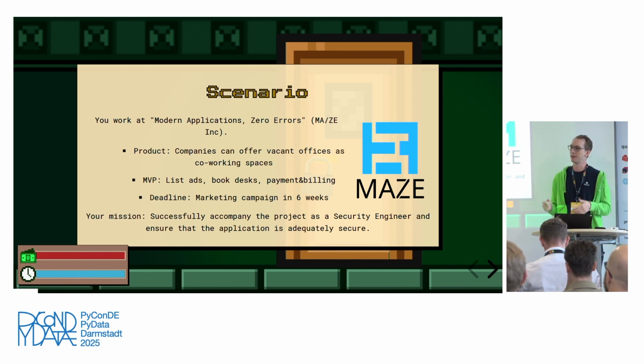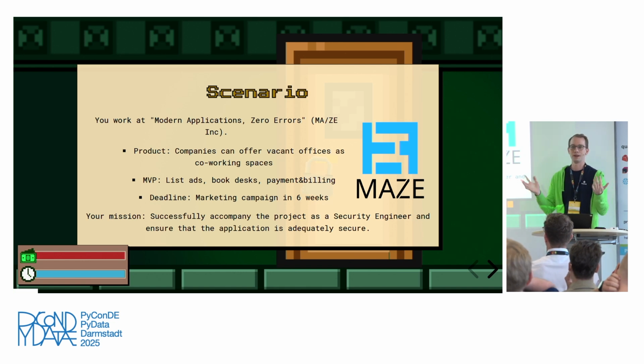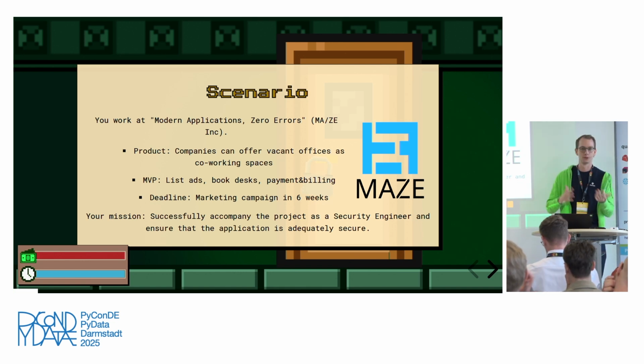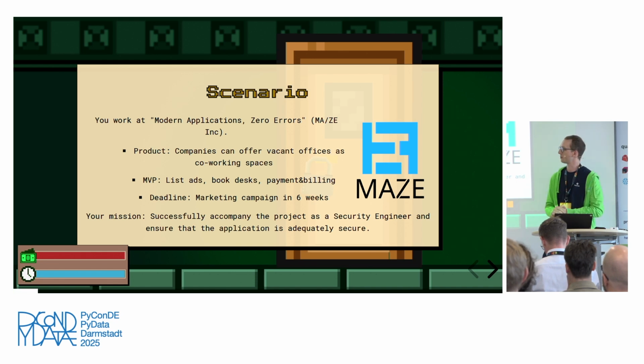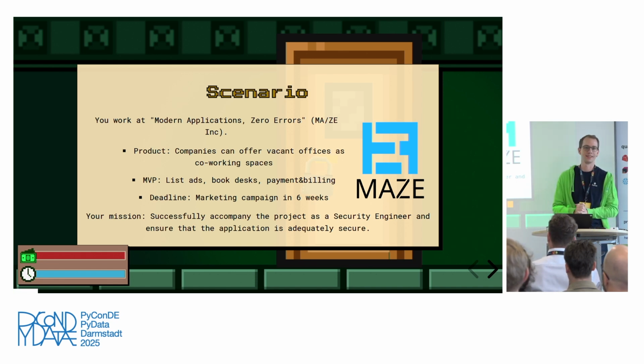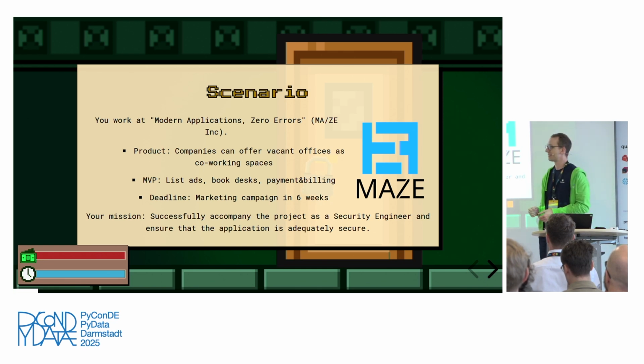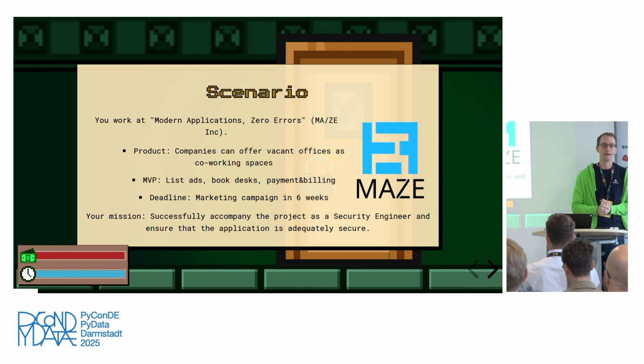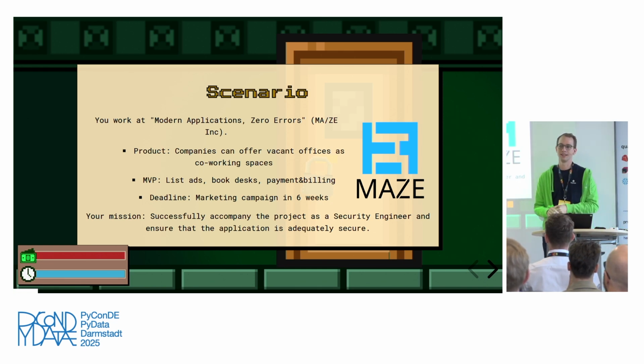So you have the idea of building a marketplace where companies can offer their offices as co-working spaces and others can book them. You have an MVP: you want to list the ads, and you want to make booking and payment possible. Of course, your marketing department already has the campaign ready and they want to start in 6 weeks. So that's your time budget. In 6 weeks we have to deliver a functioning MVP.